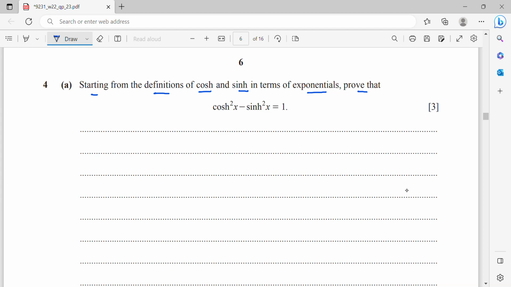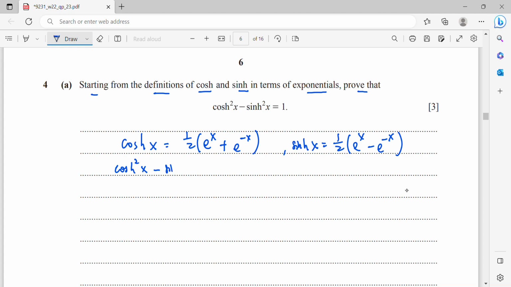Okay, so we start with cosh x. It will be half of e^x plus e^(-x). And then the sinh x is half of e^x minus e^(-x). All right. So now we prove the left-hand side equals to 1. So now replace: half (e^x plus e^(-x)), this is our cosh x.